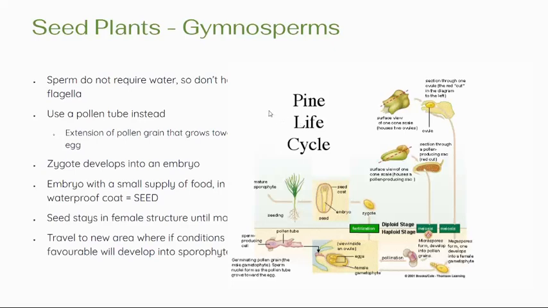So you can see a pine life cycle. Where does it start? It starts over here. Surface view of this little seed, I guess. Then you have this ovule, and then you have the sperm and the egg. Both of these develop independently, and when they land, they get put into the tube.